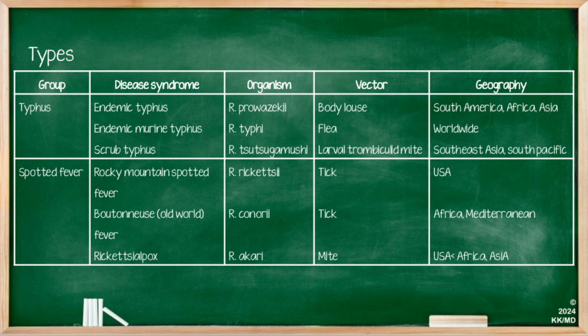It is again a tick-borne disease, and it is found commonly in Africa and the Mediterranean region. Rickettsialpox, which is the third type, is caused by Rickettsia akari, and this has a mite vector, which is more commonly found in Africa and Asia than in the USA.